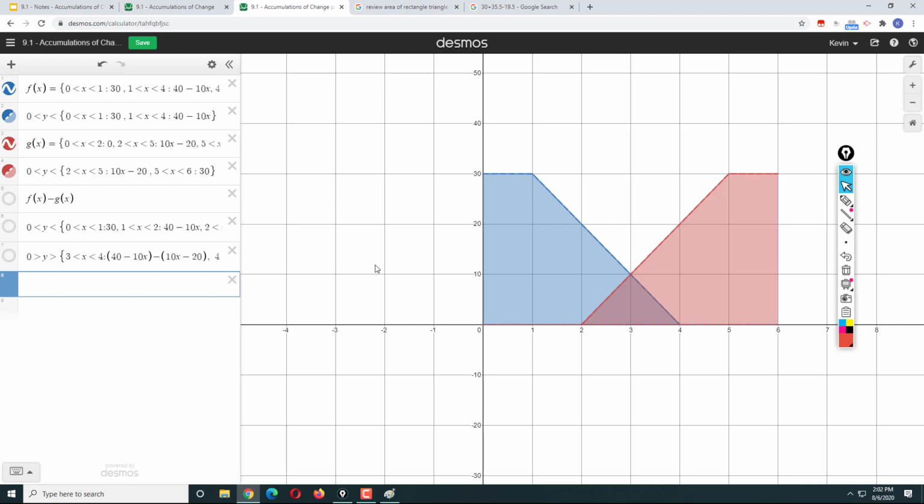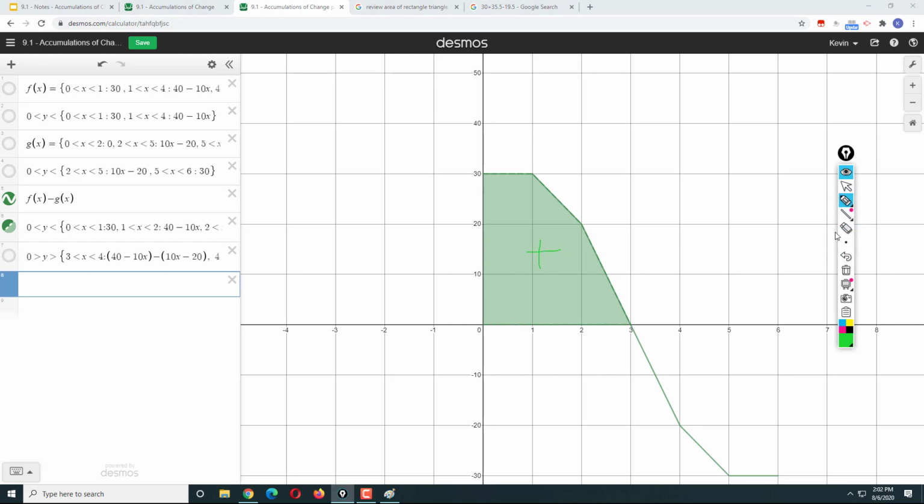Now, instead of doing the area of f minus the area of g, we could have done the area of f minus g. If this is f and this is g, the blue line is f, red line is g, then f minus g looks like this. To find the area for f minus g, we will do this part, which is positive because it's above 0.